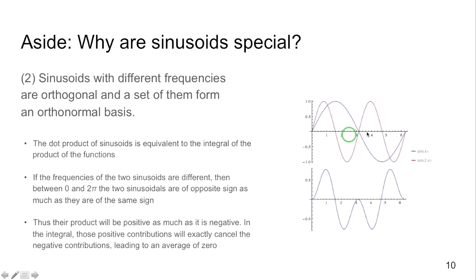And because the frequencies are different between 0 and 2 pi, or any integer multiple thereof, including infinity, they have opposite signs just as often as they have the same sign. Therefore, their product will have this symmetry to it, and the integral will always be 0.